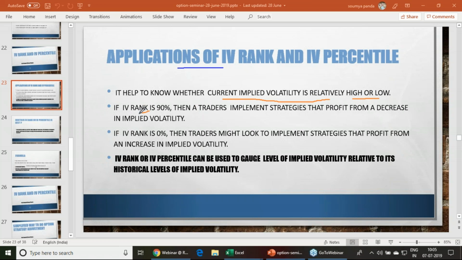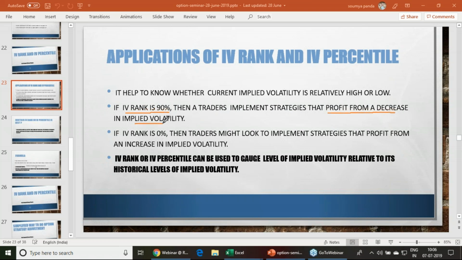If this IV rank is 90%, then the trader implements a strategy to profit from a decrease in implied volatility. Then you tell me what kind of strategy should be there in Vega terms.